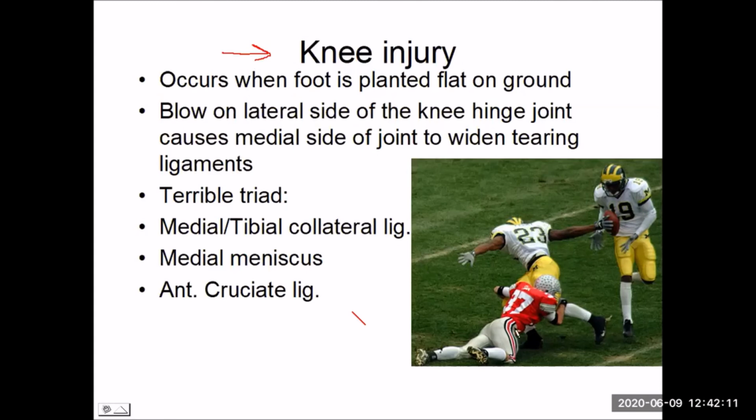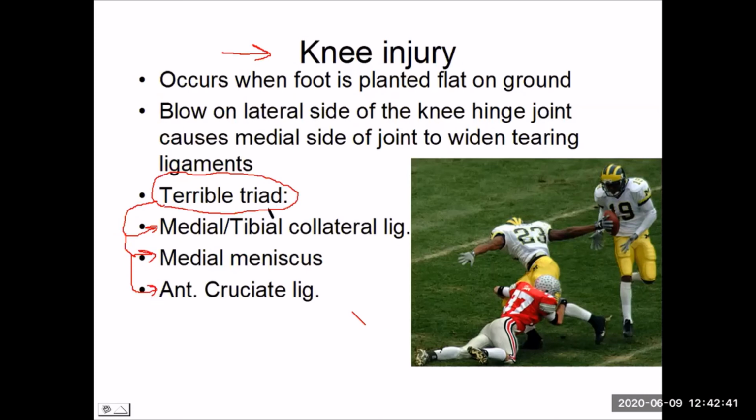A common type of knee injury in sports, especially contact sports, you want to think of football, soccer, is known as a terrible triad injury. The reason being there are 3 structures in the knee that could all be injured in this one instance, really destabilizing the knee.